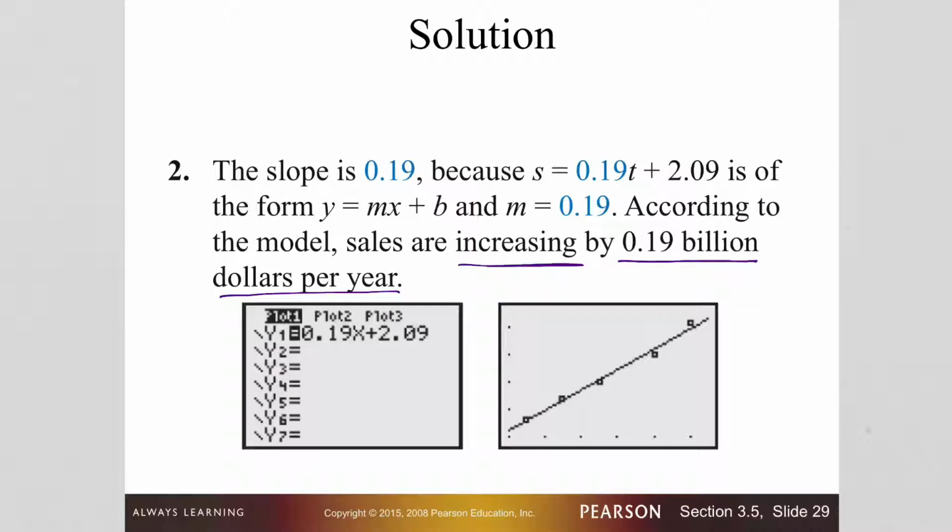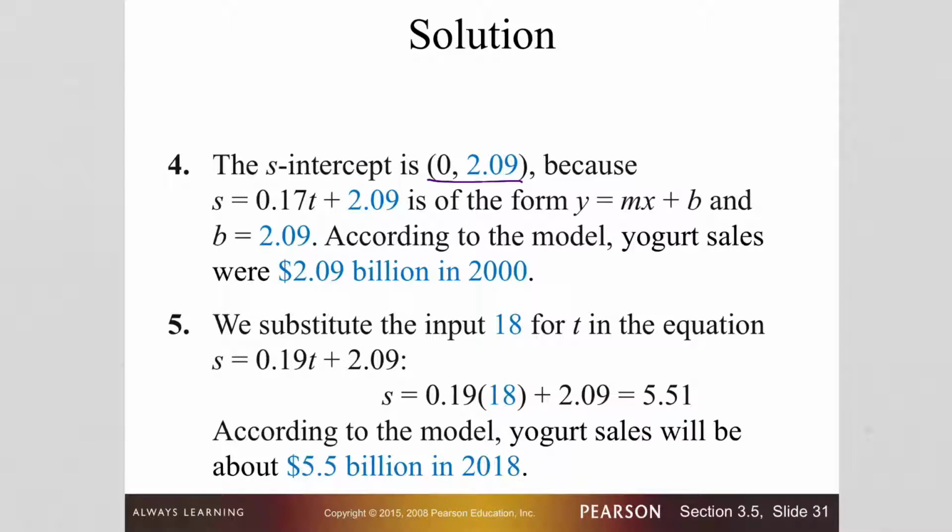Now, did we know that based on this? Yes. This was our s-intercept, 0, 2.09. Okay? So what does it mean? It means that yogurt sales in 2000, because remember 0 represents the year since 2000, were $2.09 billion.